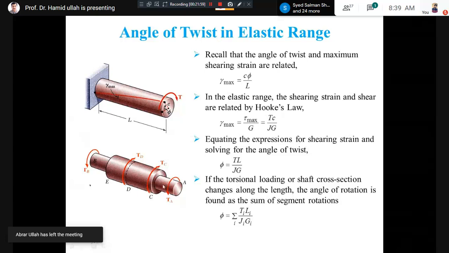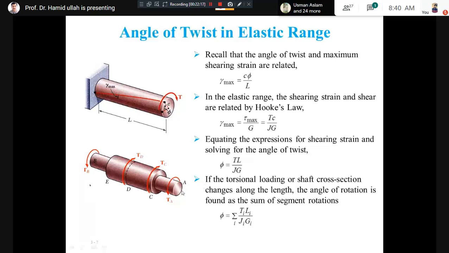Between A and C the diameter is less, then between C and E the diameter is more, and then between B and E the diameter is less again. In this condition you make use of the same formula, but we derived it for a uniform area, and here the diameter is changing and the length is changing. When length is changing, for sure the angle will be changing, because L appears in the formula.